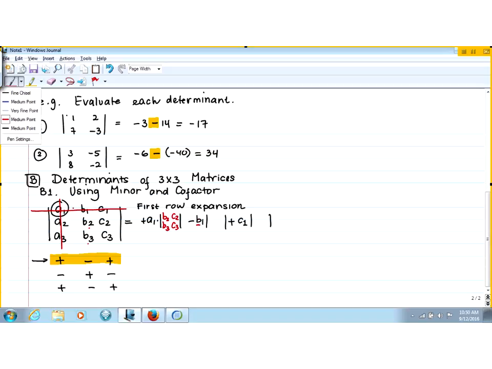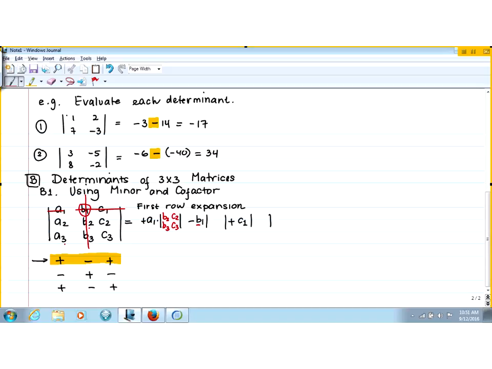Okay. Now, I'm talking about B1. So let me erase this one. B1, where is B1? Here. So which row do I eliminate? First row. How about the column? Second column, right? So what am I left with?